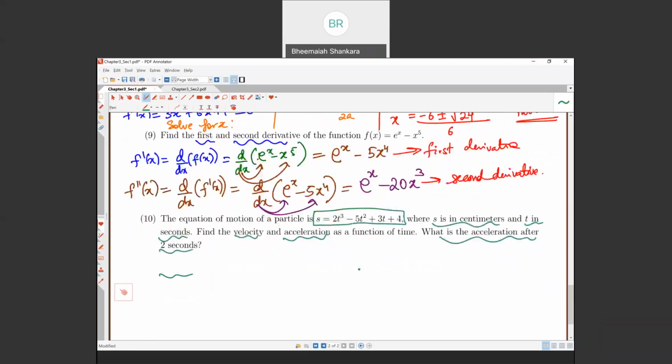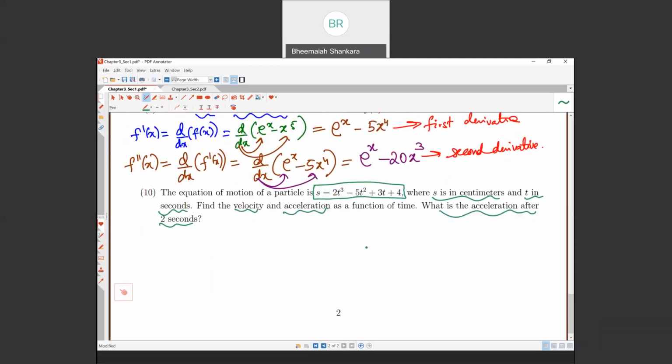So let's write. The distance s is given by 2t cubed minus 5t squared plus 3t plus 4. So let us derive this distance s. I'm going to derive the distance s with respect to the variable t. So I'm going to write d dt of s.